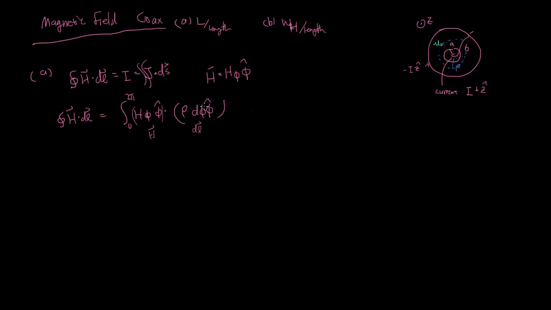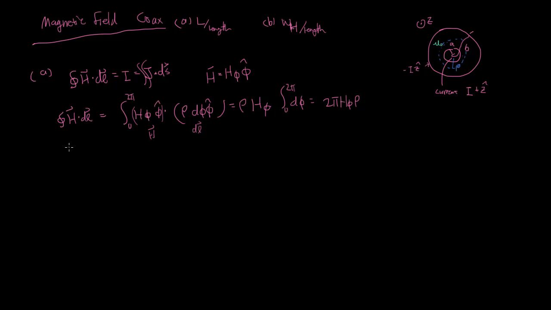Phi hat dot phi hat is going to be equal to 1. So then you're left with rho is a constant when we're talking about phi, right? So for the purposes of d phi, your H and your rho are both constants. So you pull that out, integral 0 to 2 pi of d phi, and you end up with 2 pi H phi rho.